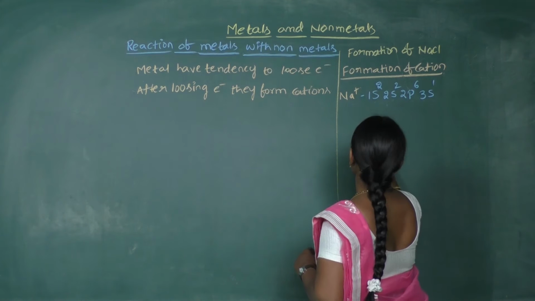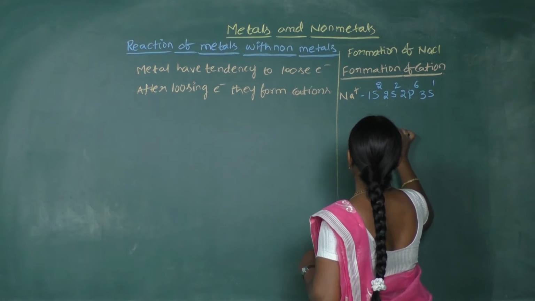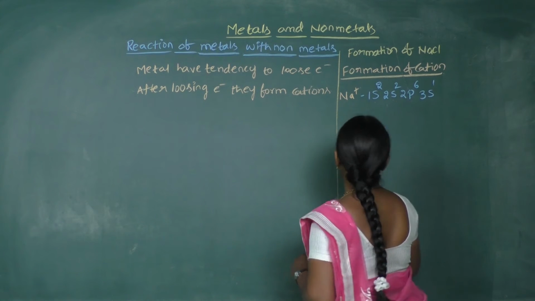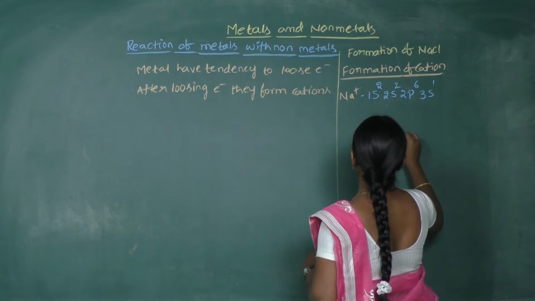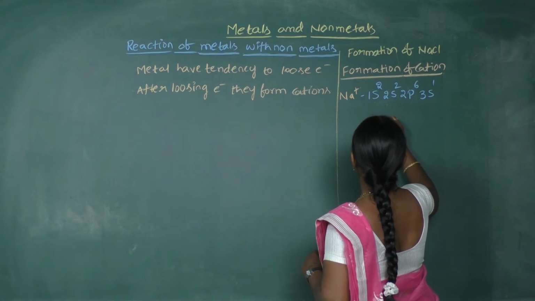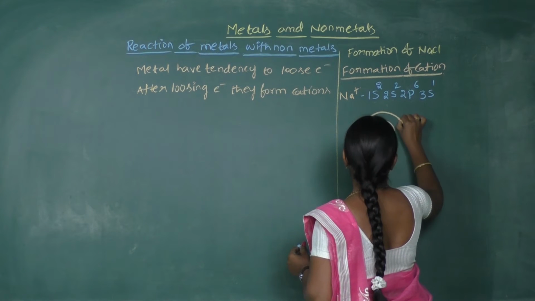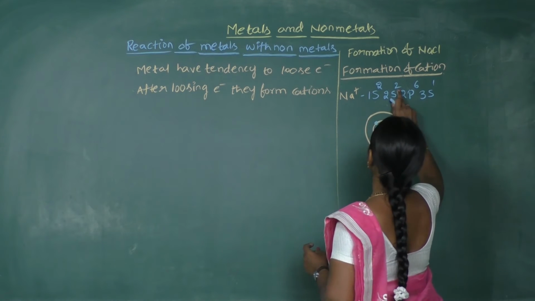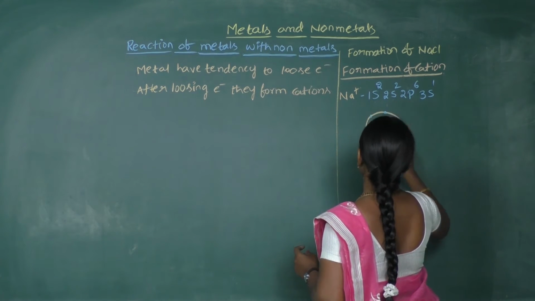Let us see how the atom exists. Let's say this is your nucleus and around the nucleus you have shells. This is your first shell, where you have 2 electrons. In the second shell, how many electrons are present? 2 in the s and 6 in the p, in the sense, a total of 8 electrons.